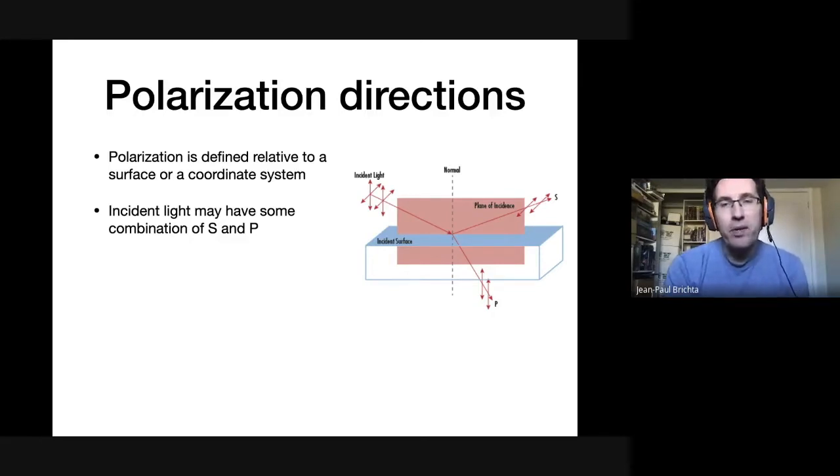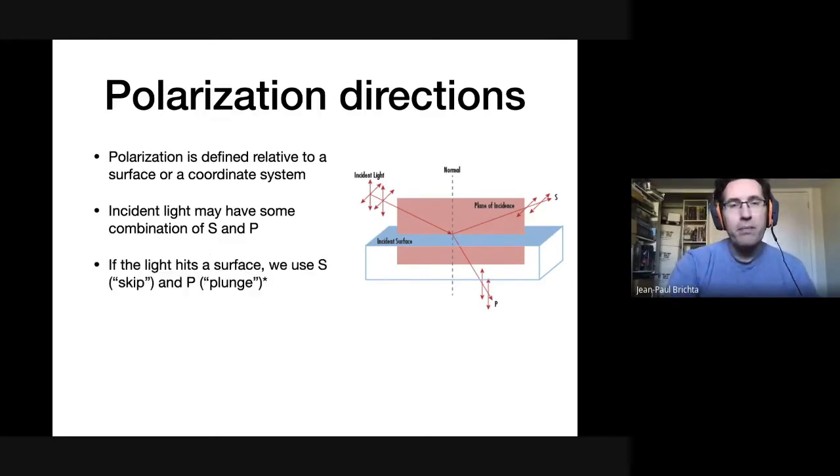The light which transmits through we call P polarized light. The incident light, maybe sunlight, will have some combination of S and P, and could be randomly oriented. It doesn't really matter.